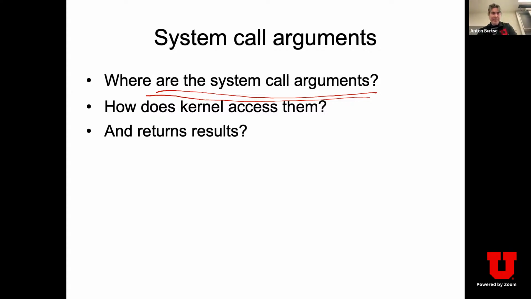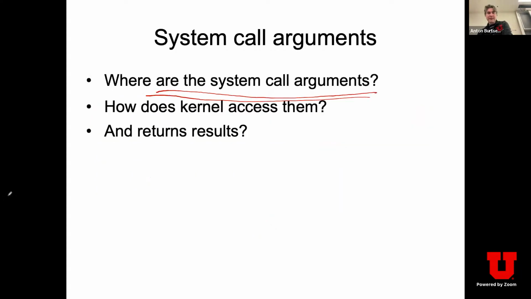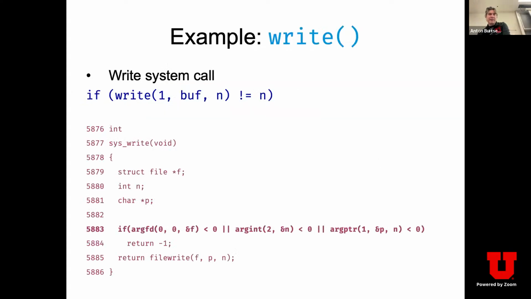So remember, before calling this write label, we pushed all these three arguments on the user stack, kind of following the normal C calling convention, right? So that's a good idea. So why don't we essentially just adopt this and pass system call arguments on a stack, right? And let's take a look at an example of how the kernel really accesses them.